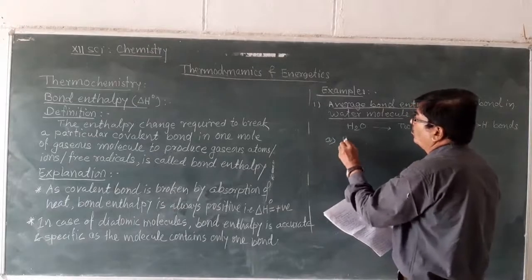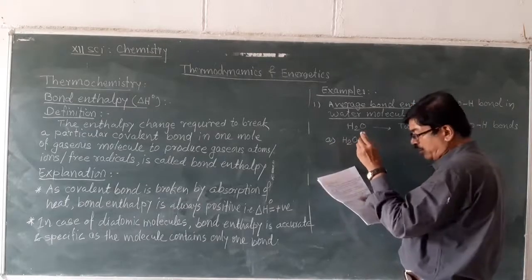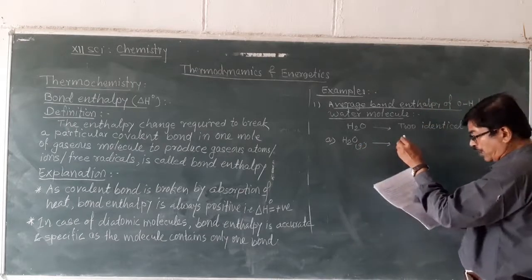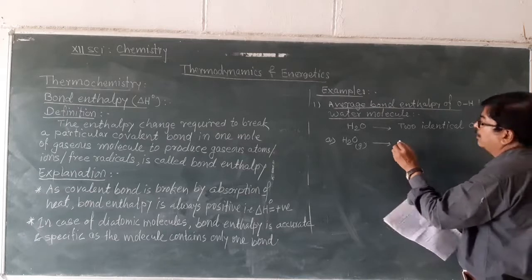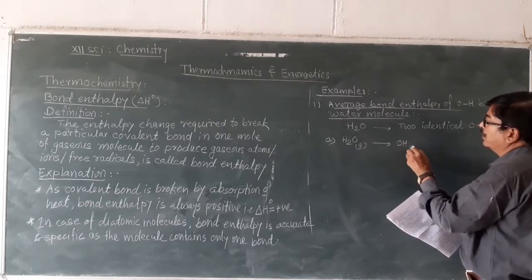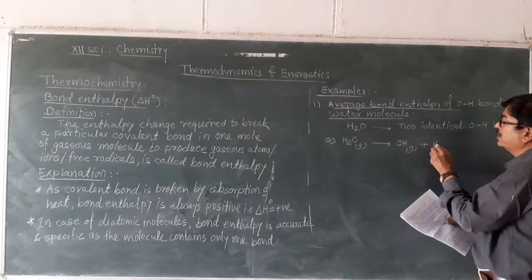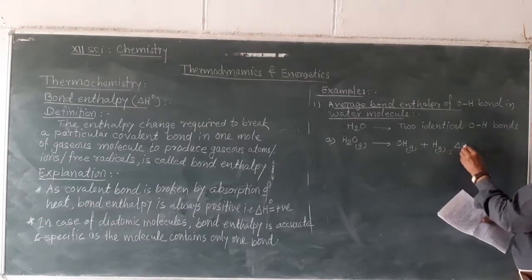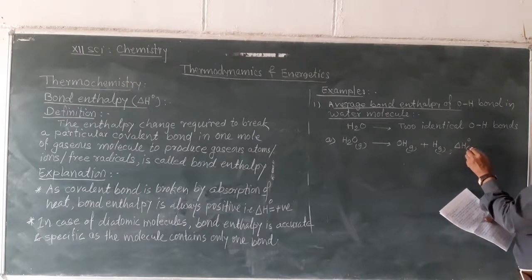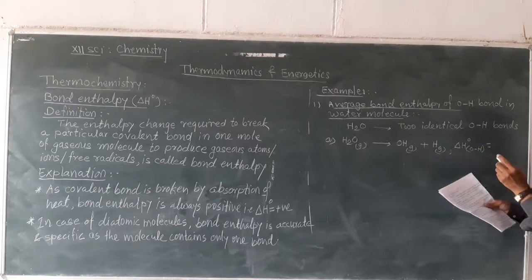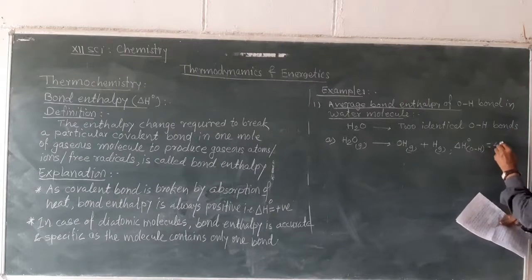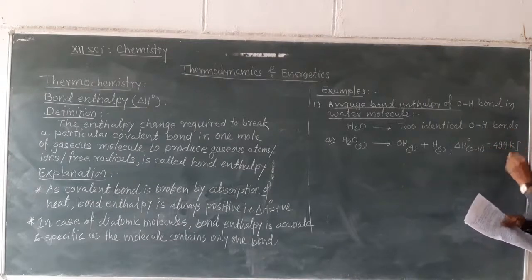If the first OH bond in a gaseous water molecule is broken, we get OH gas plus H gas, and the enthalpy change of this OH bond is 499 kilojoule.